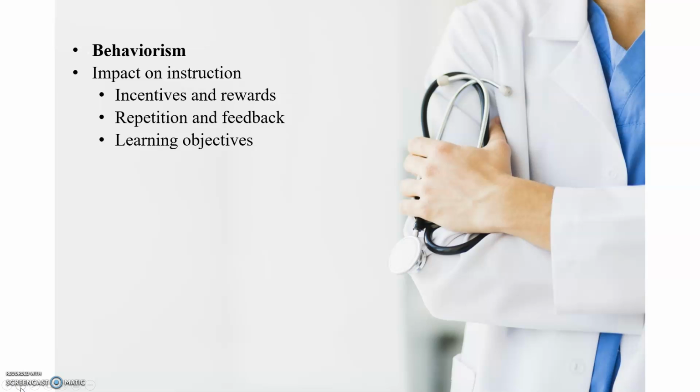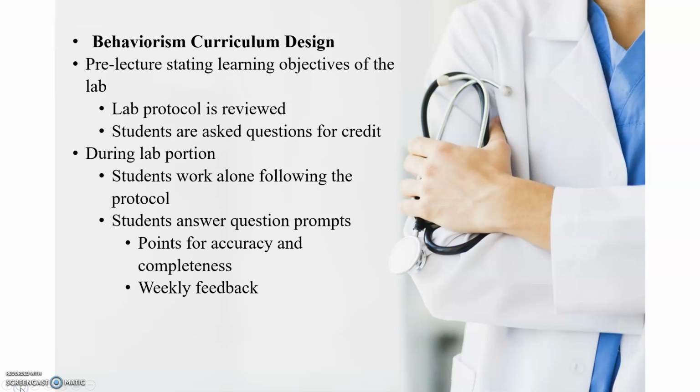Common instructional tools are supported by the behavioral framework, like incentives, repetition, feedback, and learning objectives, which establish the desired behavior. In the behavioral curriculum design, a lecture is held prior to the lab exercise to review the learning objectives. The lab protocol is also reviewed, again demonstrating the desired behavior.